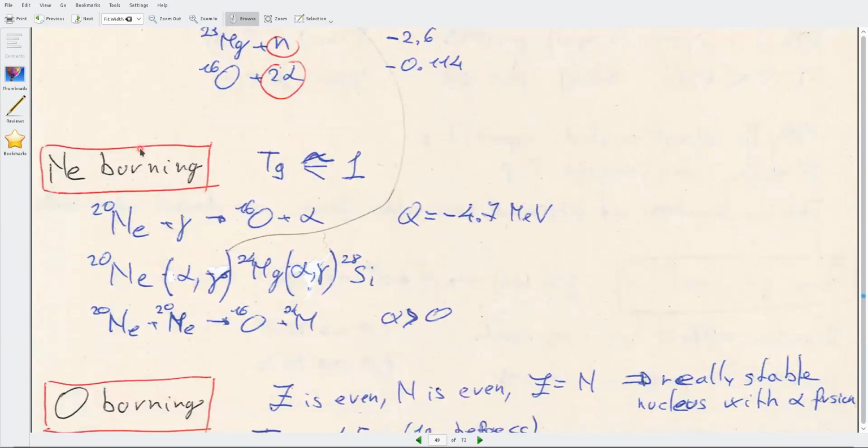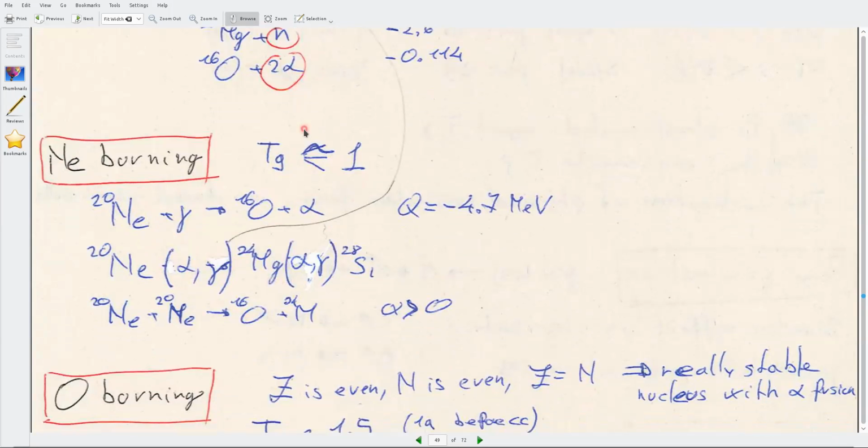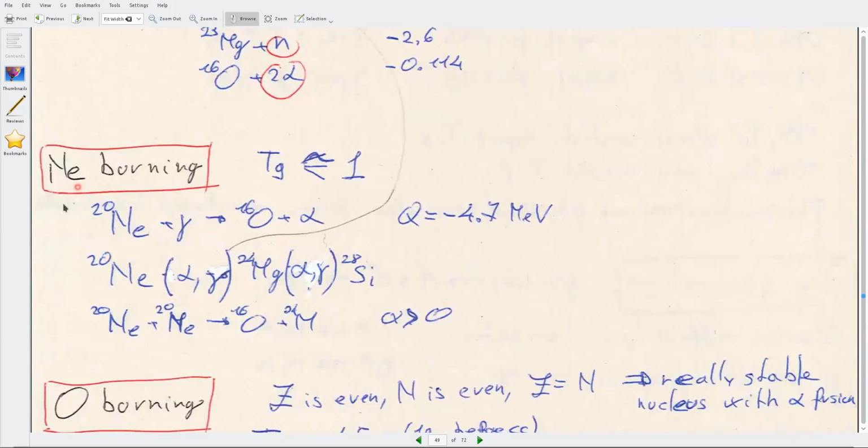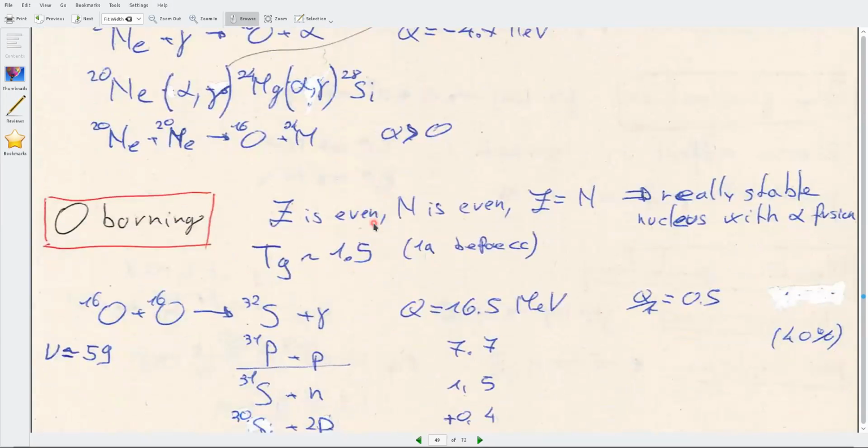And here neon burning can be seen before, at the lower temperature, a little less than 1 billion, using alpha particles produced here, because when there is neon burning, all the helium is already depleted, so you cannot have helium. But you have here some reactions that can produce them.